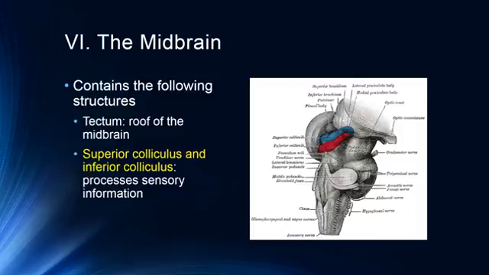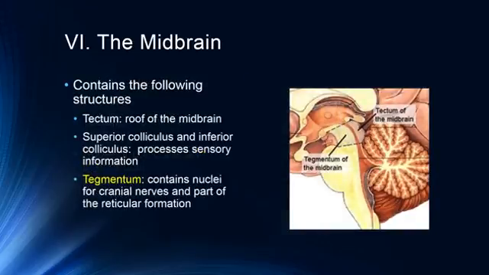So this is one of the ways in which we're able to process visual and auditory information together. It starts there at the superior and inferior colliculi. The tegmentum consists of the nuclei for the cranial nerves and part of the reticular formation. The reticular formation will have some important roles to play in a variety of functional areas we'll talk about later on in the term.